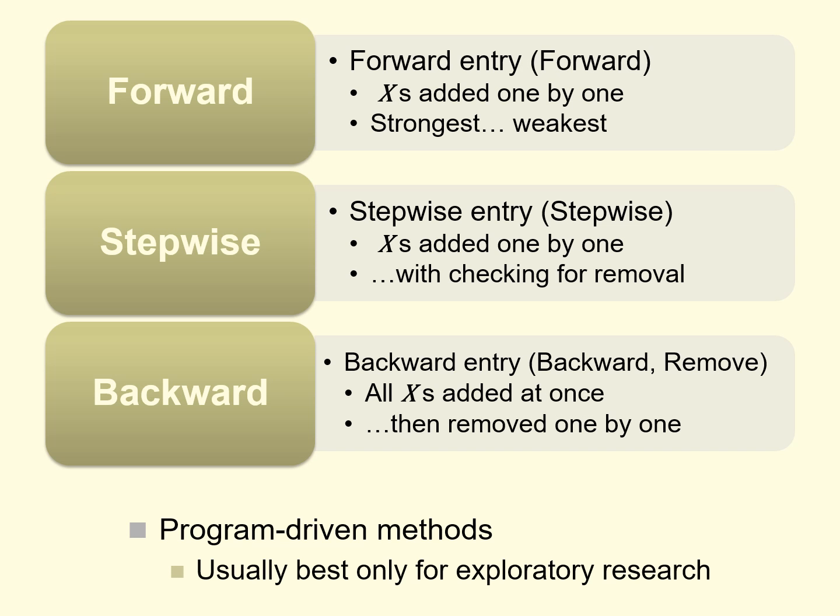And there are also various program driven or computer driven approaches where SPSS is either adding or removing predictor variables until it finds a solution that in a sense it likes. I note here that these are doable. I mean, you certainly can use them, but I think they're best left for exploratory research where you don't really have a strong theory that you're trying to evaluate. You're not testing particular hypotheses. If you have a particular hypothesis, a researcher-driven approach probably makes a lot more sense.